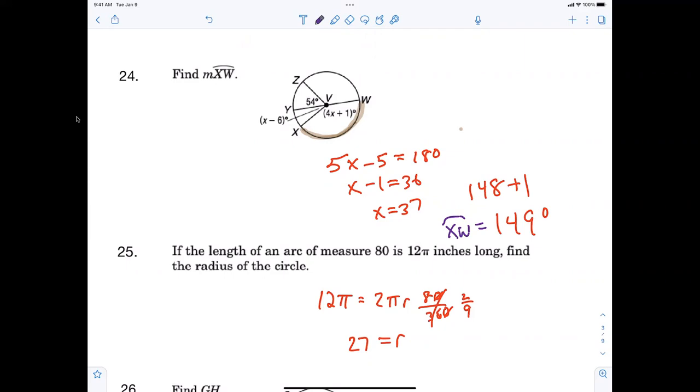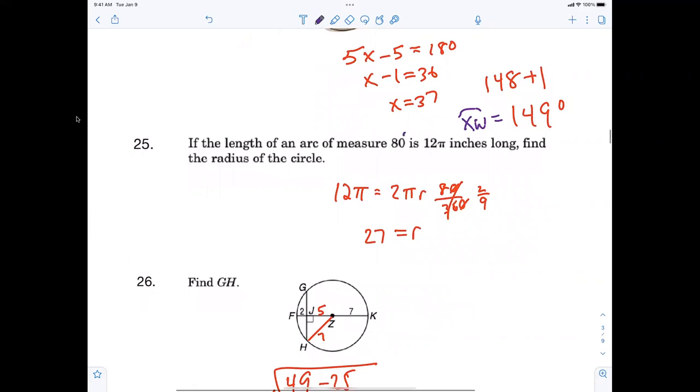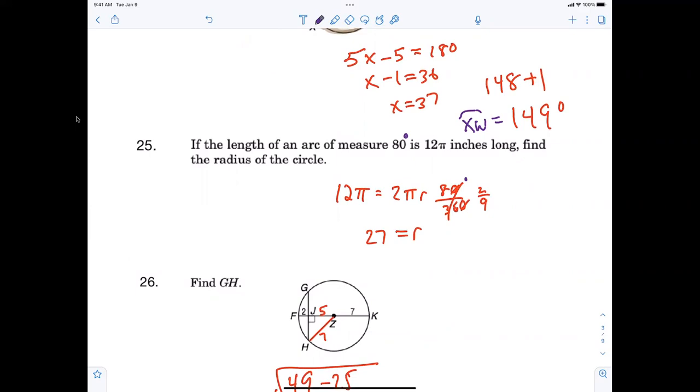Now, technically, for number 25, I really think they should say, I should have put in there 80 degrees. Right. Anybody have any questions with 25?